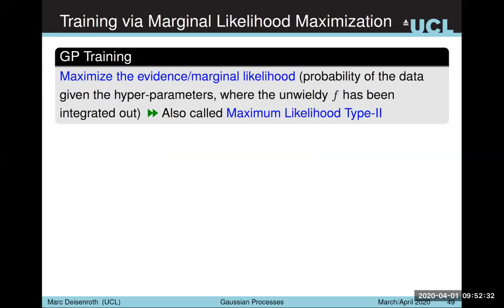The properties of the marginal likelihood will be super critical later on when we come to regularization, because unlike the maximum likelihood estimator, which tends to overfitting because it only looks at the training error, the marginal likelihood has an automatic regularization term in there.